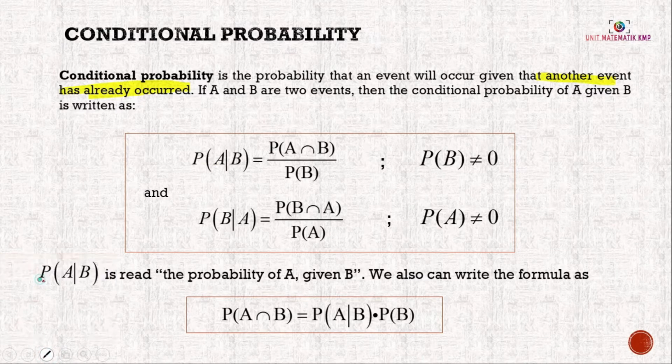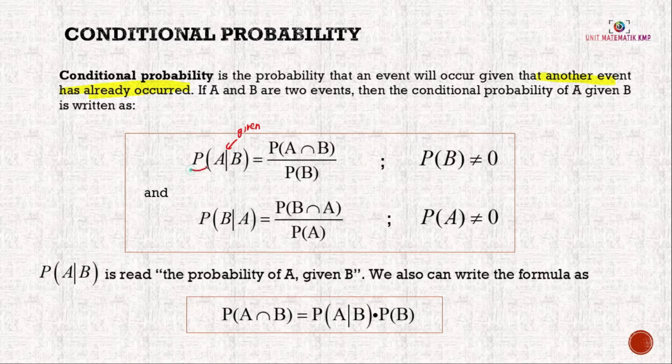The line here notes that it is given. It equals the probability of A intersect B divided by P(B), so P(B) cannot equal 0. And the probability of B given A equals the probability of B intersect A divided by P(A), so P(A) cannot equal 0.